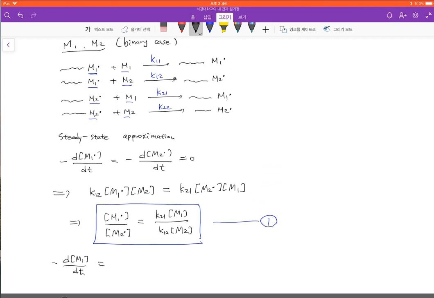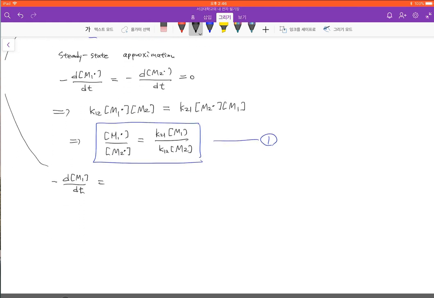Then let's express the change of monomer M1 as a function of time. From the original four equations, we can express it, which is K11 M1 dot M1 plus K21 M2 dot M1, right?